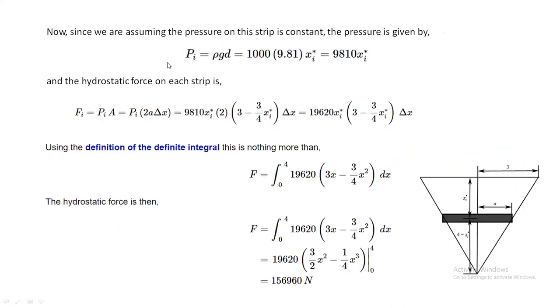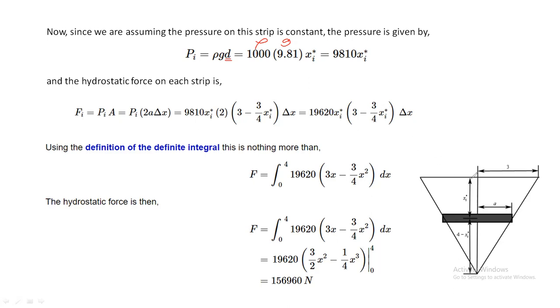Now, since we are assuming that the pressure on this strip is constant, the pressure is given by rho g D. This is your rho, your density. This is your g. And this D, in the pressure rho g D, is the height or distance of the differential element, the differential area, from the surface of the submerged triangular plane.